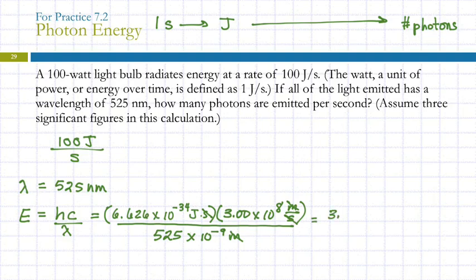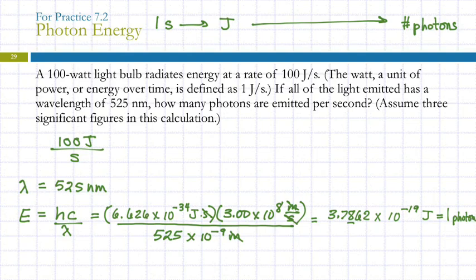So 3.7862 times 10 to the minus 19 joules. That's the energy of one photon of light, one piece of light at this wavelength. Any questions about that? Okay, so that's the amount of energy equal to one photon.